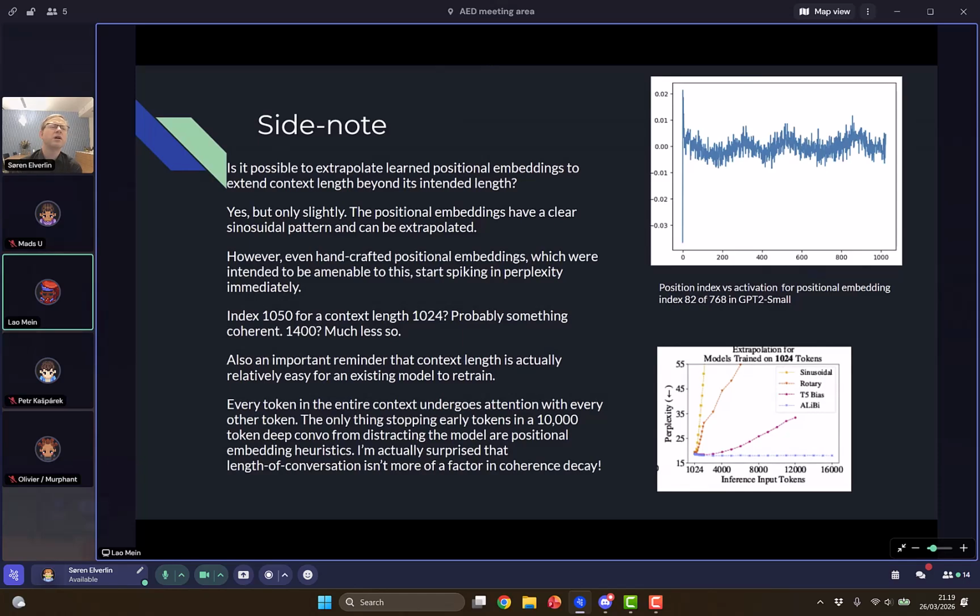But they all tend to look very sinusoidal, and also there sometimes is very particular activity right at certain indices, but it's almost always the beginning. So you can extrapolate this and probably extend GPT-2 small to like 1050 context length instead of just 1024. But as you see on the right, the perplexity starts skyrocketing, even with a handcrafted positional embedding that's specifically meant to make this easier.